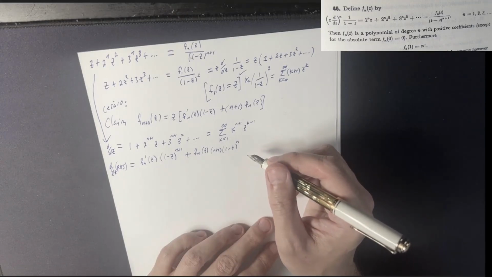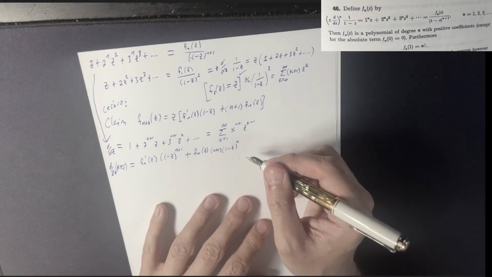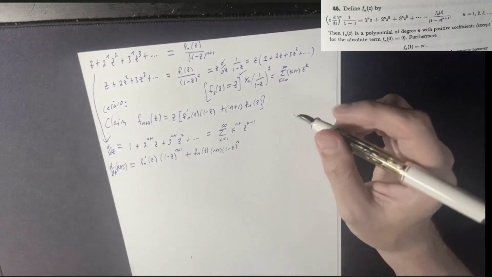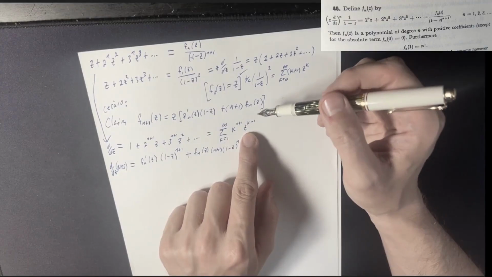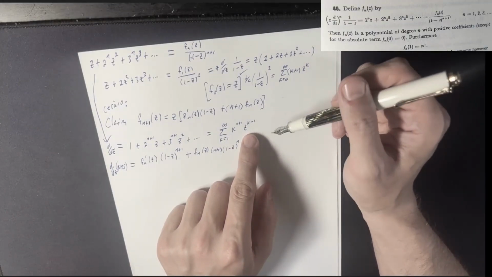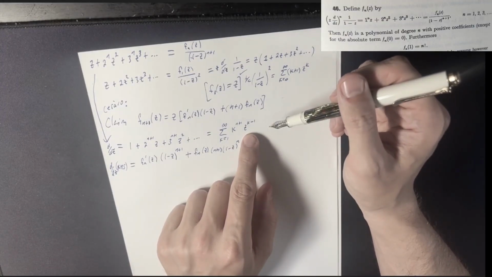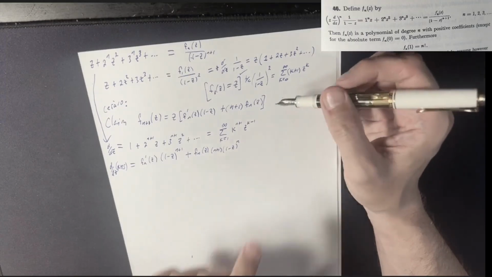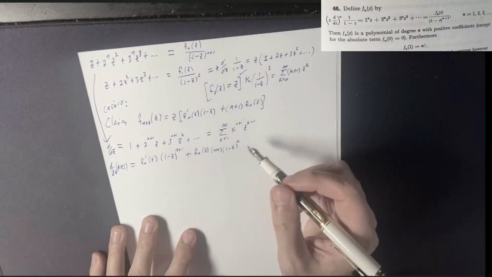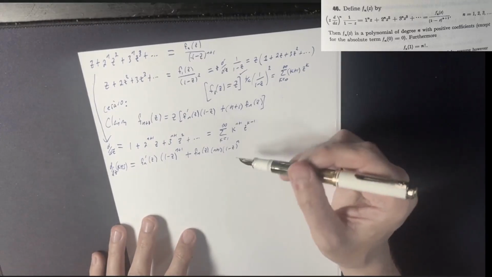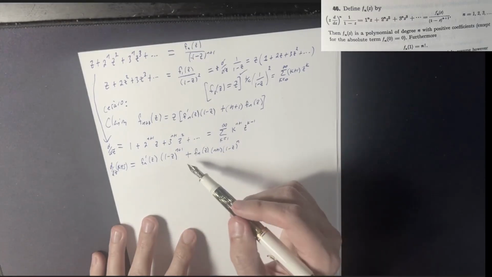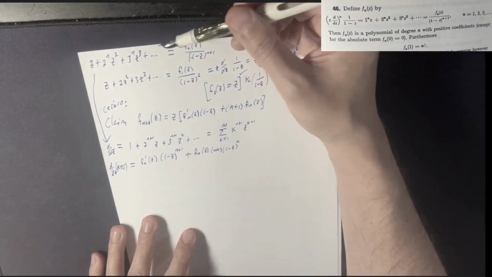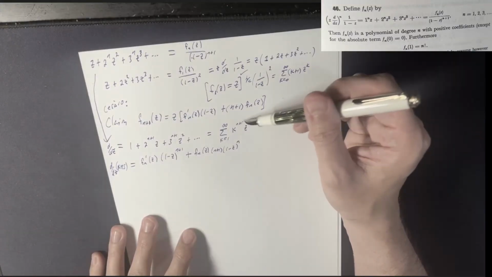If we multiply this by z, okay. If we multiply both sides by z, you almost get your original series back, except the powers are increased.